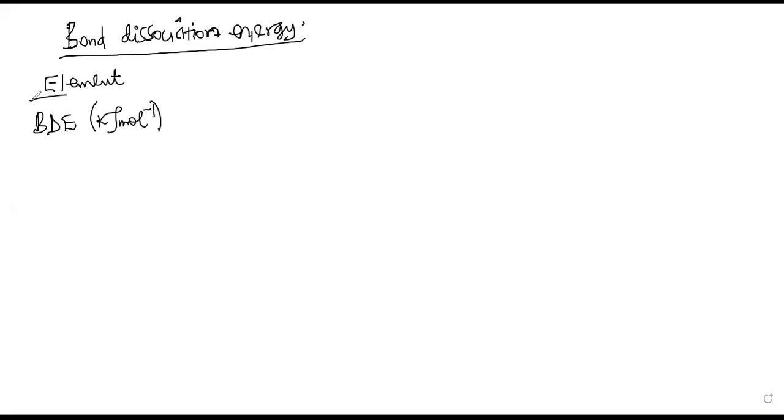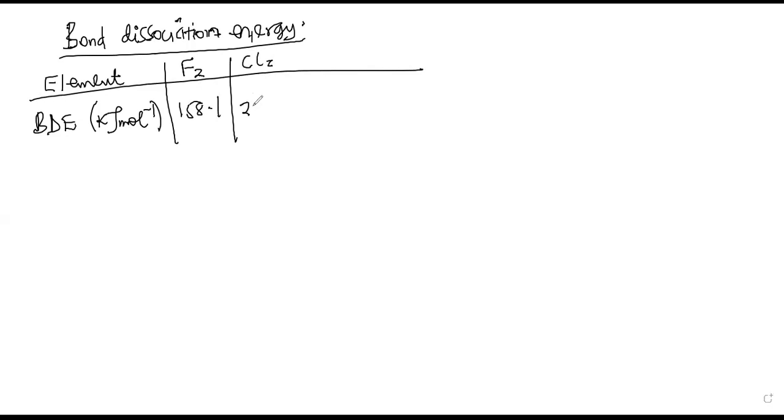Part of thermochemistry, a bit of thermochemistry here. Fluorine has a bond dissociation energy of 158.1. Chlorine, bond dissociation energy of 242.2. Bromine, bond dissociation energy 193. And then iodine, BDE of 151.